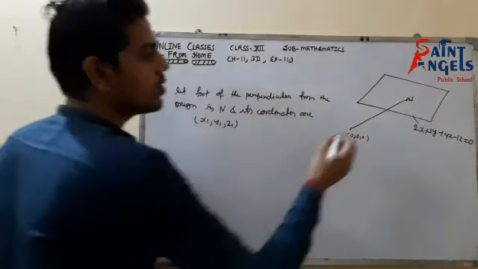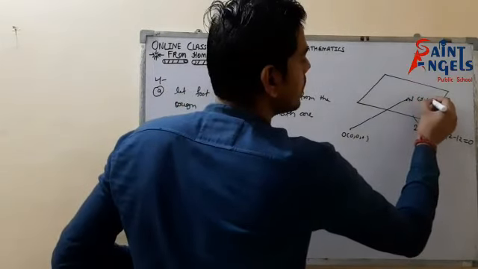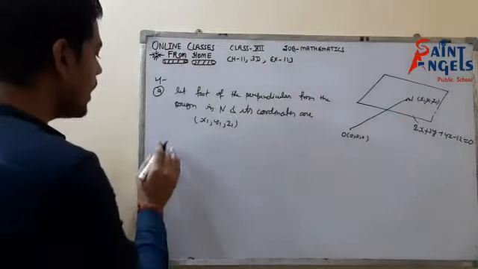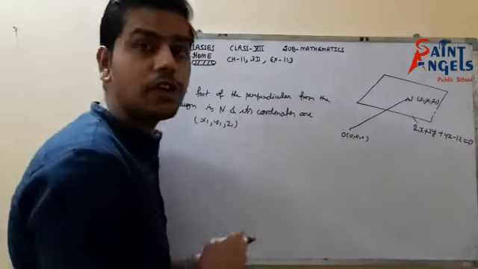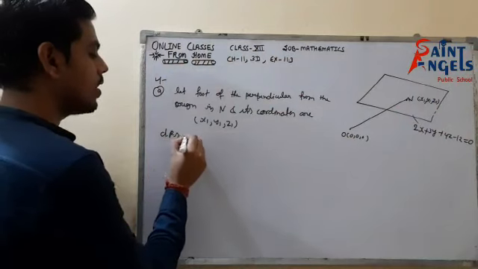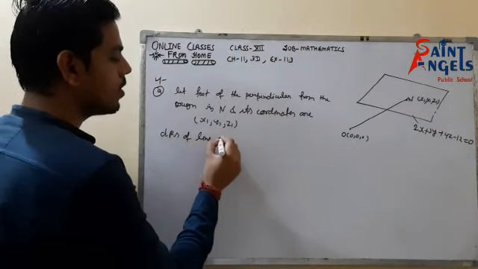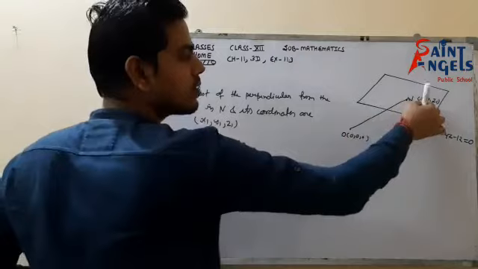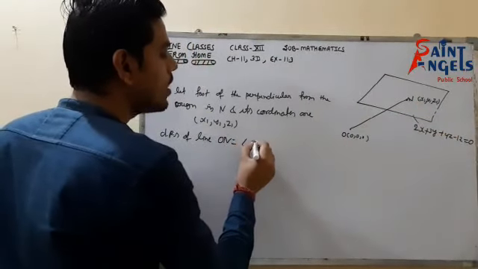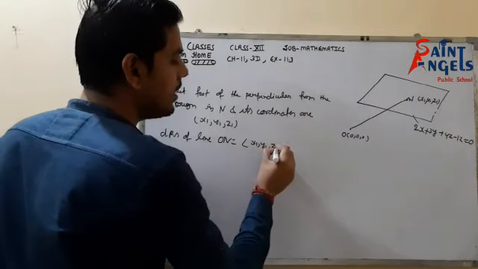First of all, the direction ratios of line ON would be x1 minus 0, y1 minus 0 and z1 minus 0. It means simply x1, y1 and z1.